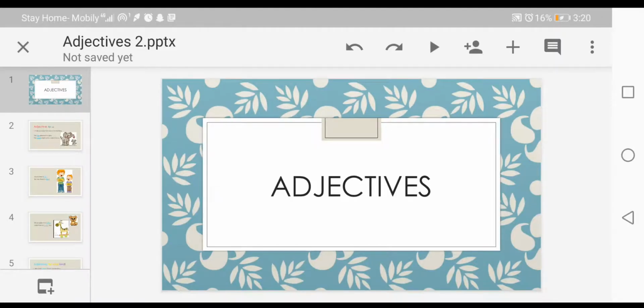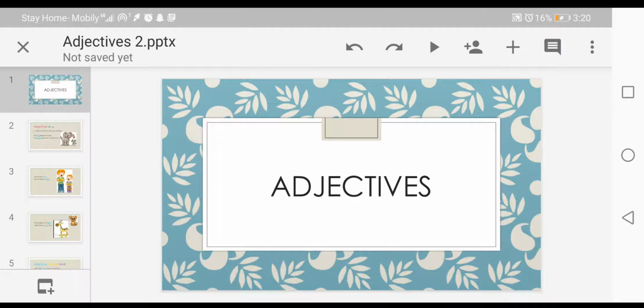Now in today's lesson, we are going to talk about adjectives again. Who can remind me what adjectives are? When I say adjectives, what do I mean? Now, if you remember from previous classes, an adjective is a describing word.